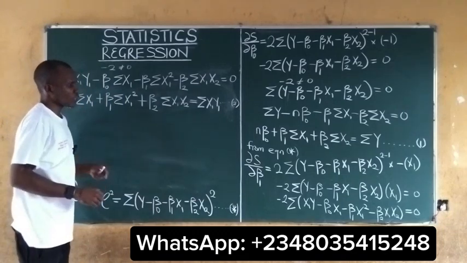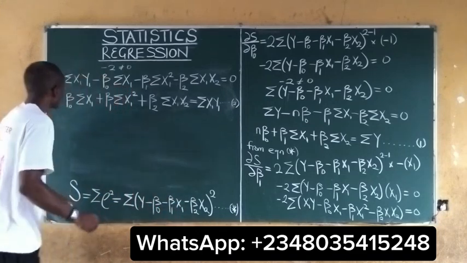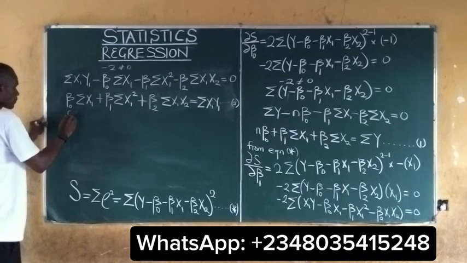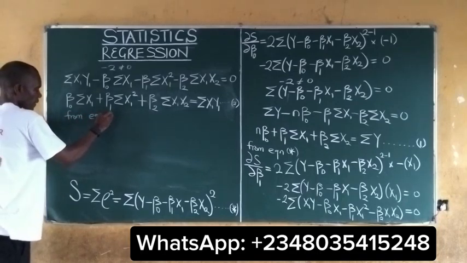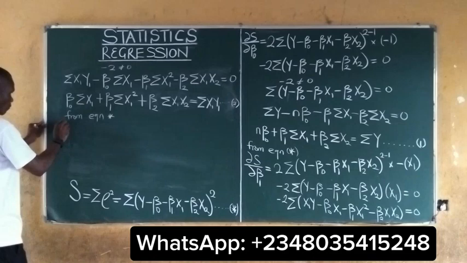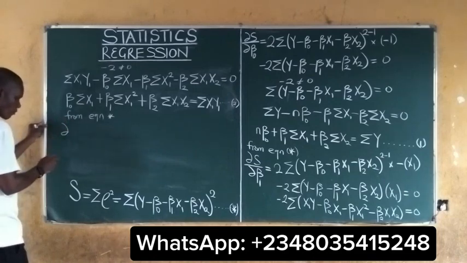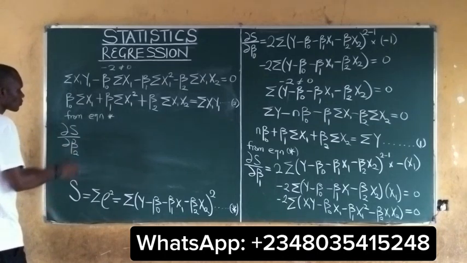So we'll now differentiate again with respect to b2. From equation star, we differentiate with respect to b2.